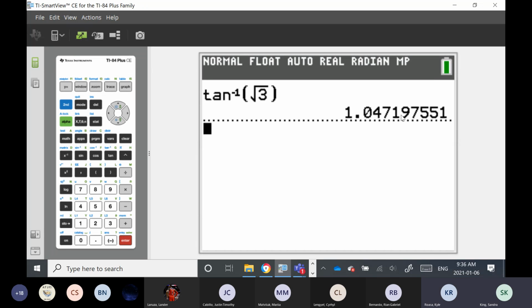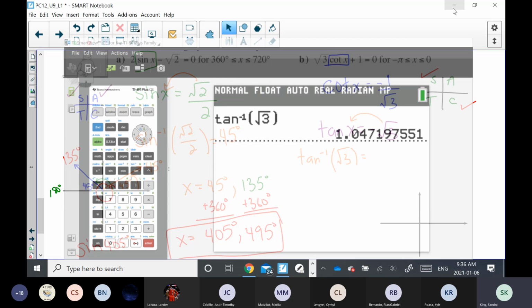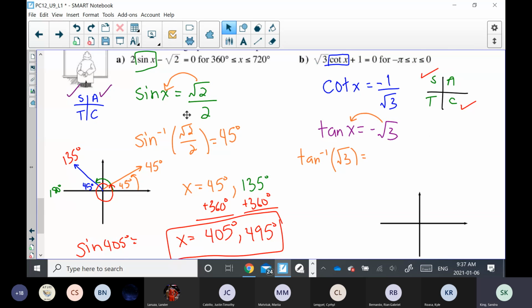Okay, yeah, I got 1 over 3. 1 over 3. So then what you're going to do is just tack on a pi. So he got 1 over 3, which is correct. And it's basically 1 pi over 3, and I'm just going to write down pi over 3. So the reference angle is pi over 3.